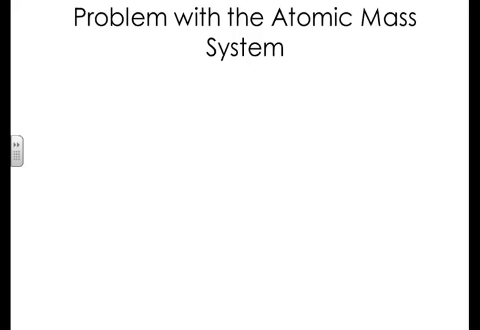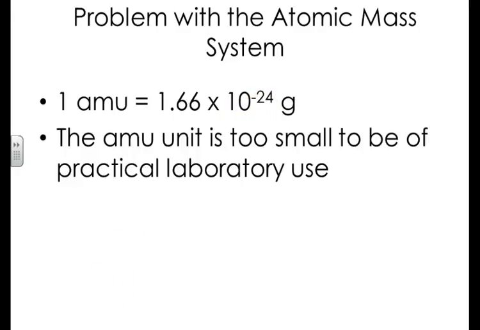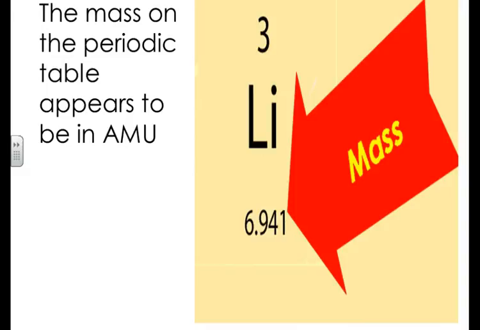We do have a problem with the atomic mass system, however. And that's right here. 1 AMU is equal to 1.66 times 10 to the negative 24th grams. Now, the reason that's a problem is that an AMU is actually too small to be of practical laboratory use. And since chemistry is a laboratory science, that presents us with a problem.